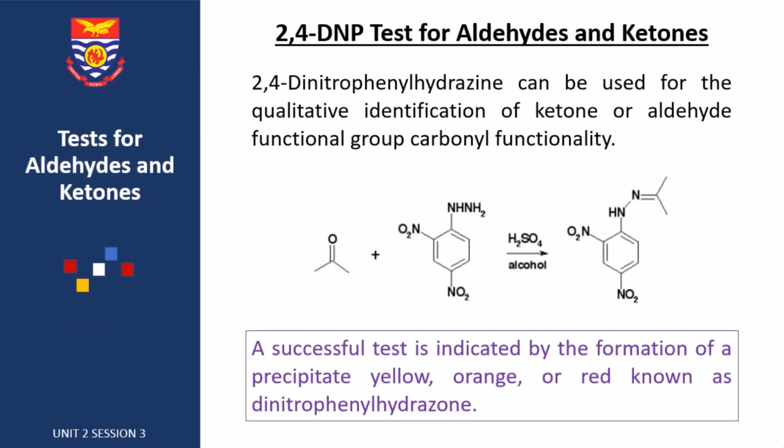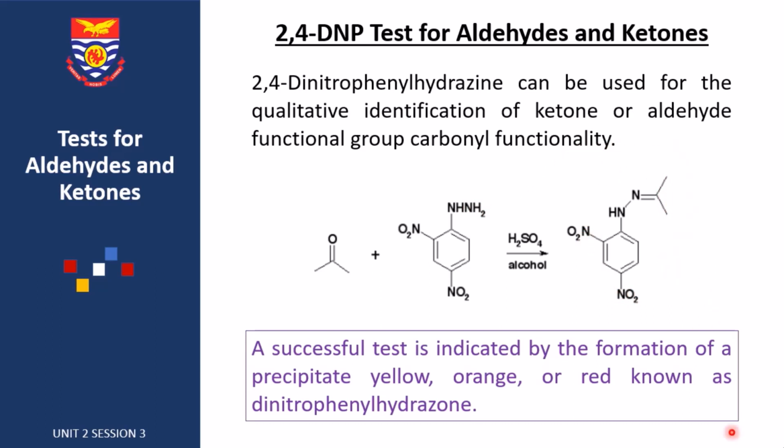The first test we are going to look at is the 2,4-dinitrophenylhydrazine test for aldehydes and ketones. Basically, in this reaction, if you have an aldehyde or ketone, a carbonyl functional group, present in a compound, and you react it with 2,4-dinitrophenylhydrazine, then this functionality is produced.